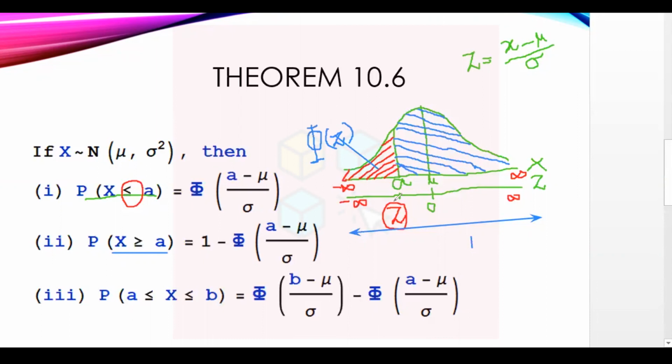So phi of z is here, and we can find blue area by this expression. So theorem number 2 will be used if we have to find area below this. So this is the expression. This area is for the second part.